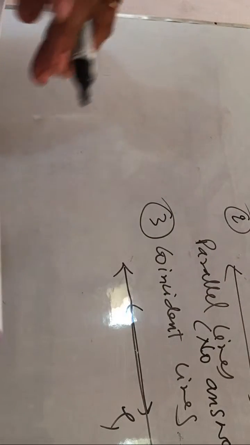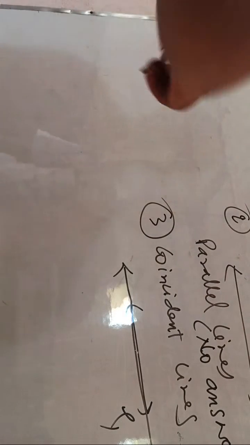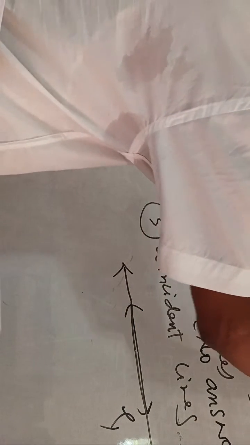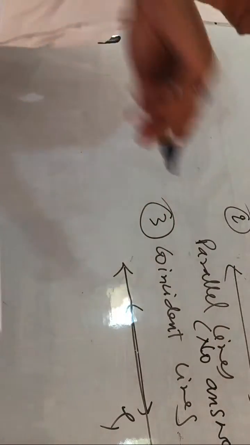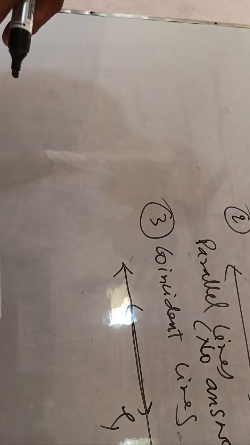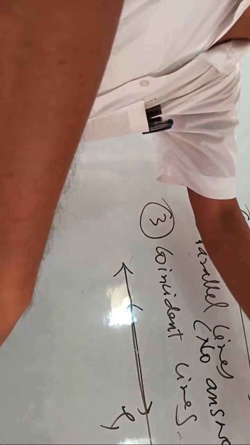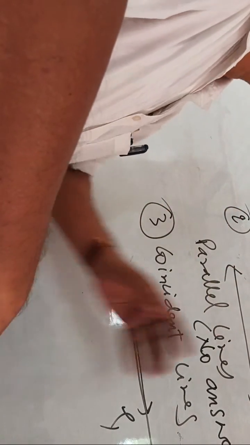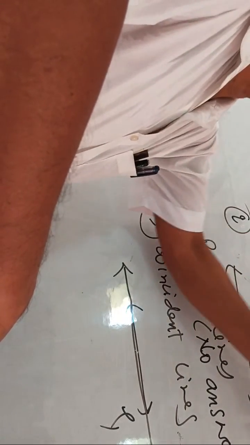This is the first equation, and the second equation is a2x plus b2y plus c2 is equal to 0. Now, in the case of intersection of lines, a1 by a2 will not be equal to b1 by b2. Since these two are different, there will be only one answer. They will cut at only one point because they are different.